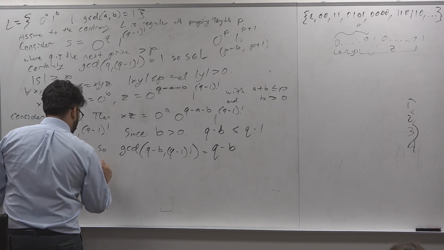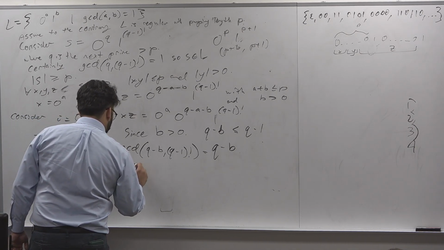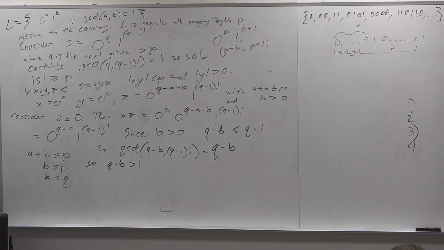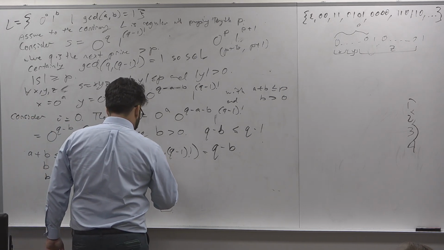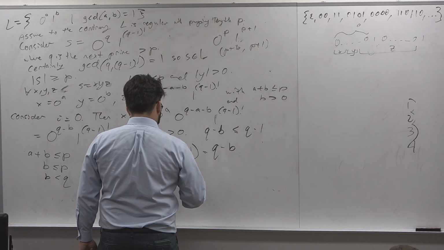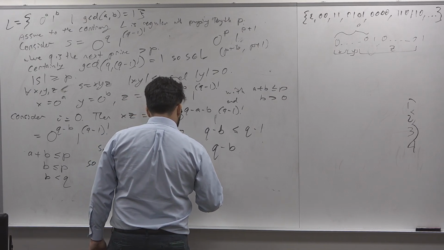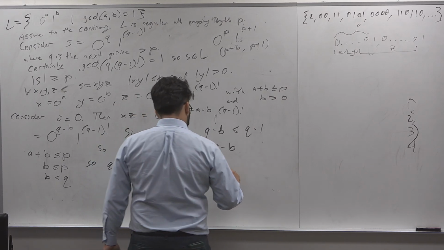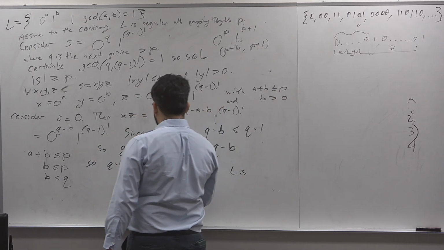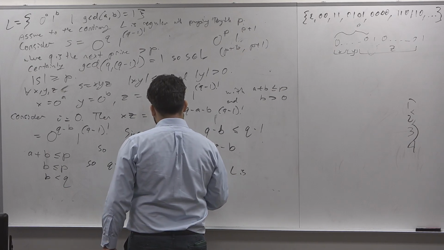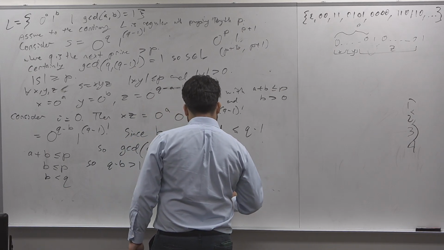So Q minus B is greater than 1. Thus, xz is not an element of L, and L is not regular. It's easy. Done.